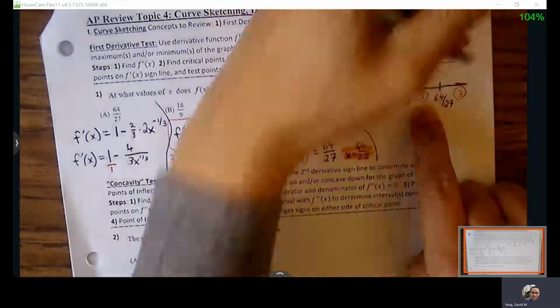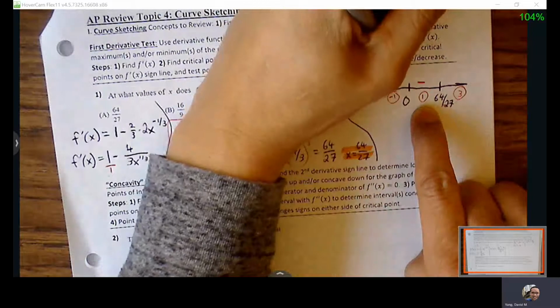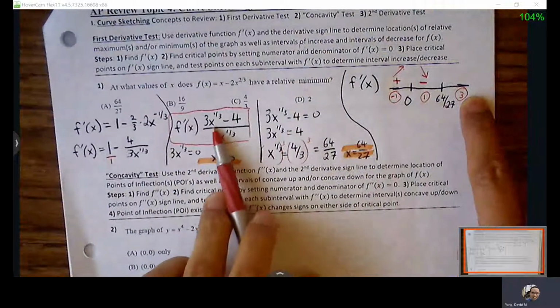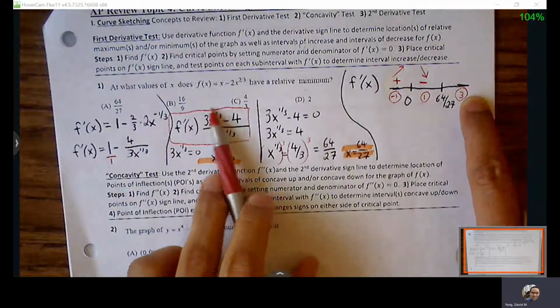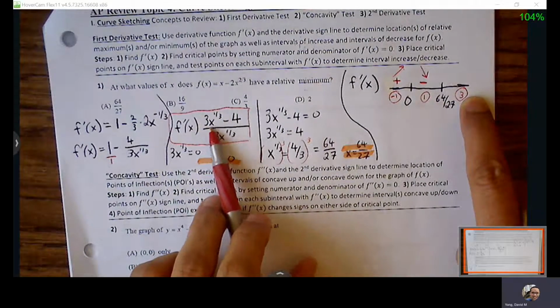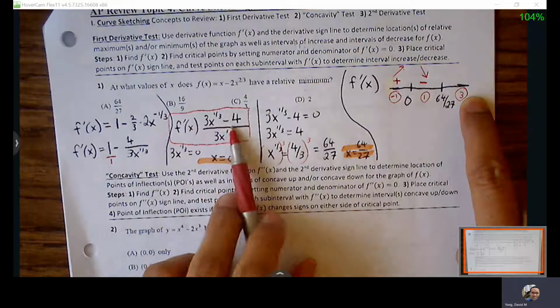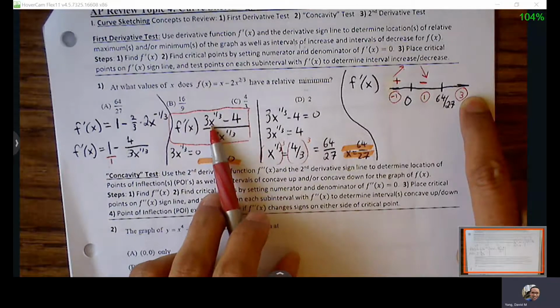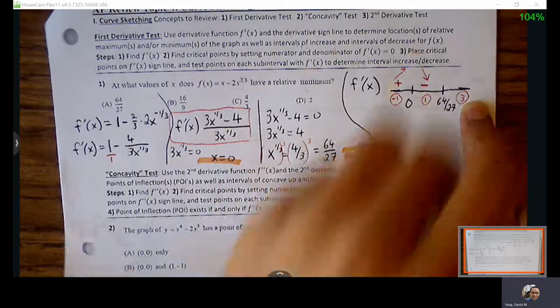That's negative. Plug 3 into my derivative. 3 times 3 to the 1/3, that's going to be a little bit more than 4, right? We know it's going to be more than 4. So that's going to be positive. Larger than 4 minus 4 will be positive over a positive.